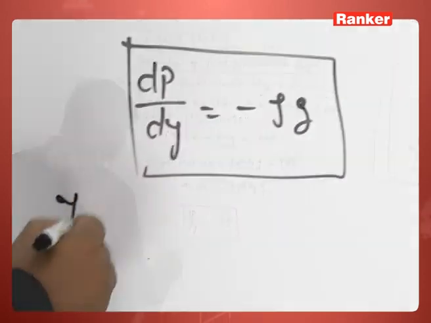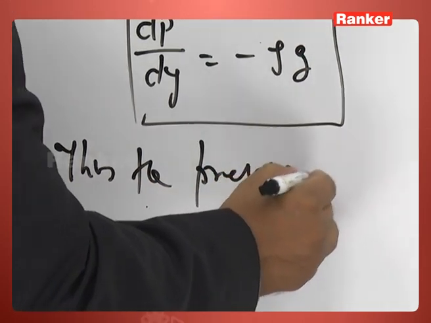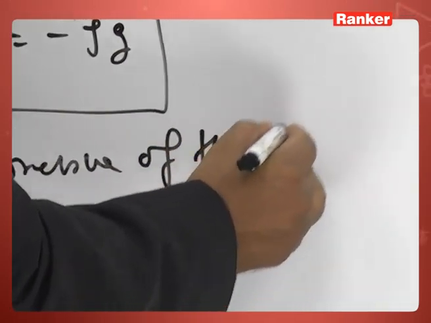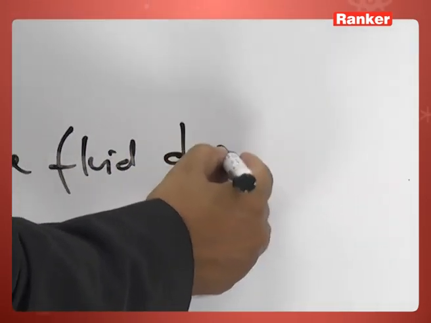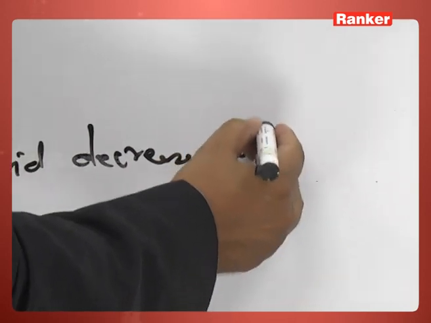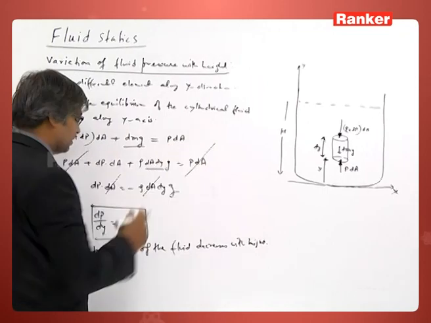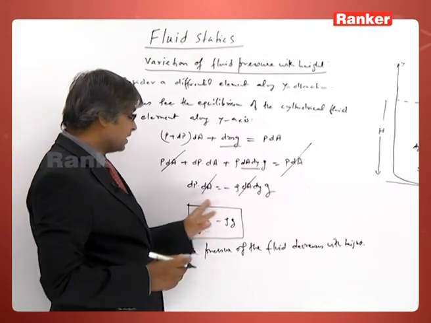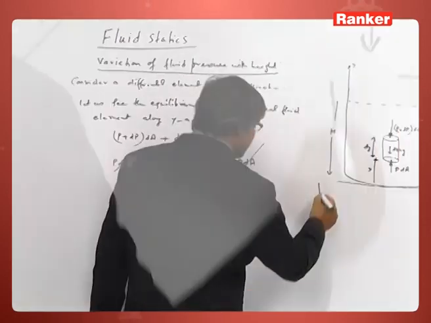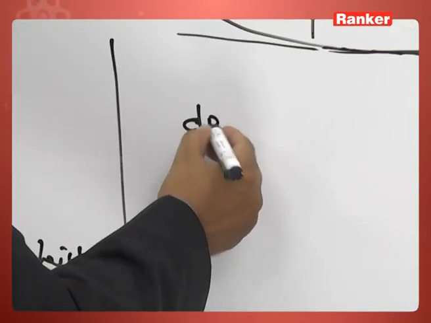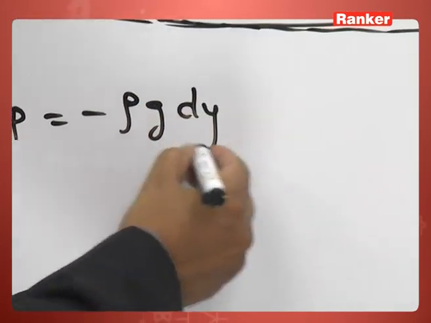Thus the pressure of the fluid decreases with height. If we go above, the pressure will become less. Now, if we want to calculate how much less, we can do this by integration. dP will be minus rho g dy.